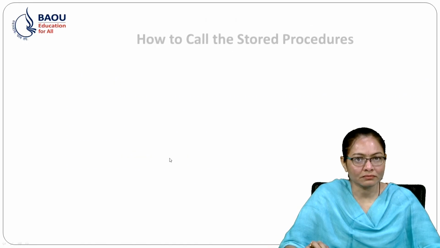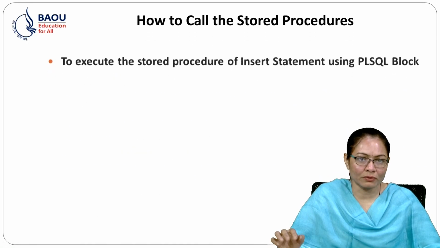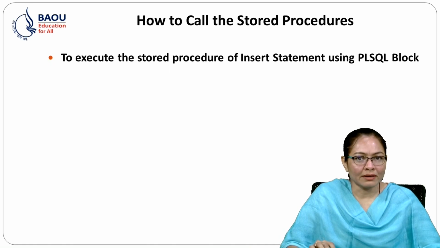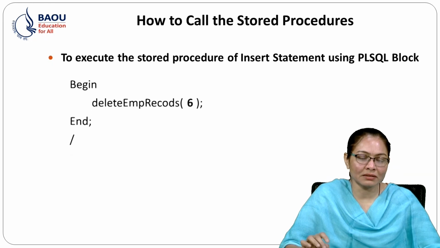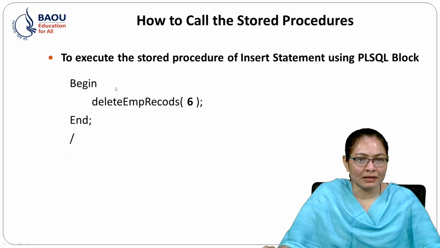Now how to call the stored procedure? When the previous delete procedure is successfully compiled, then execute the procedure using the PL/SQL block and check the table records. See in the PL/SQL block, here begin and then procedure name and then in the bracket the number 6.